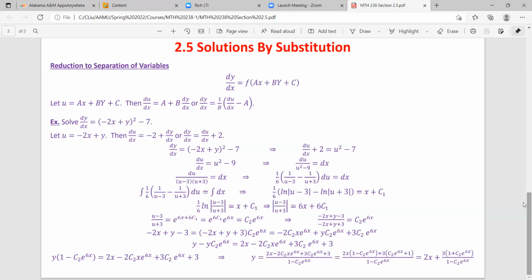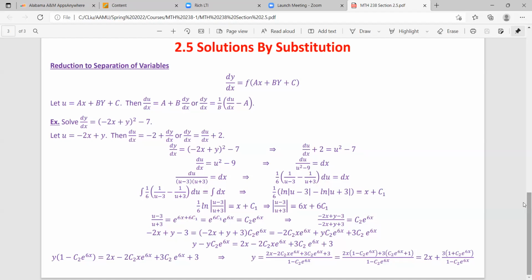So then, remember, u is negative 2x plus y, so plug in negative 2x plus y for u in this equation. And then we get (negative 2x plus y minus 3) over (negative 2x plus y plus 3) equals C2 times e to the 6x.